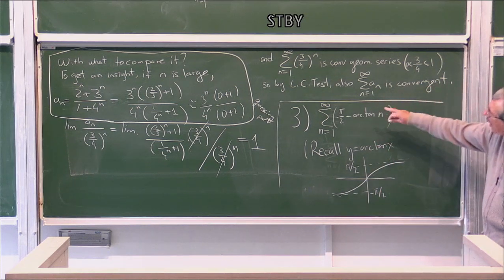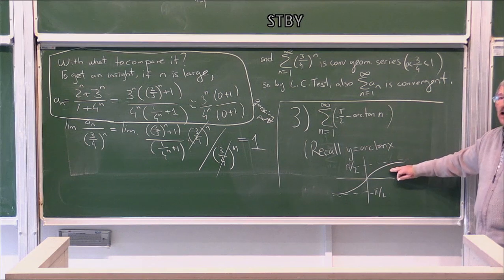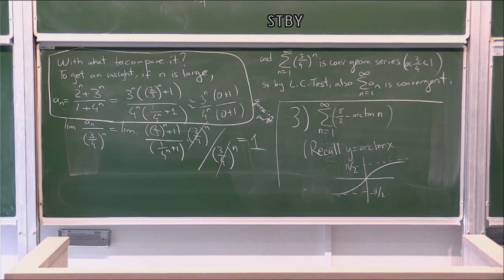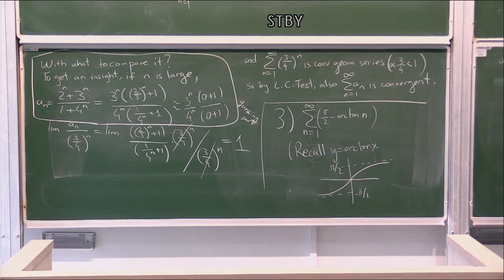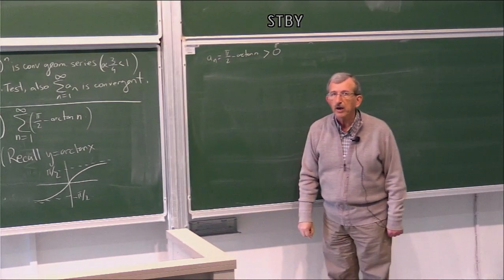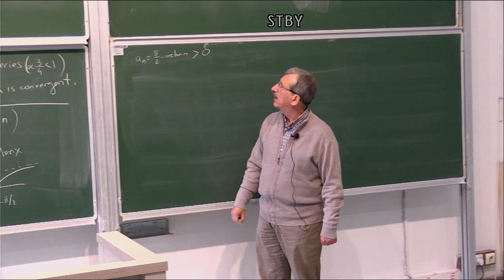So pi over 2 is always bigger than arc tangent n. And thus the general term is always positive for any positive n. Okay.